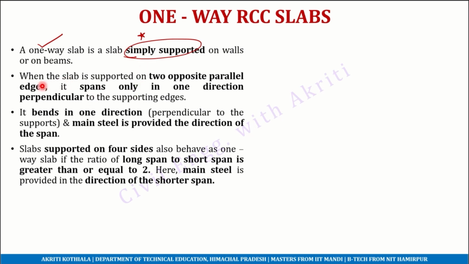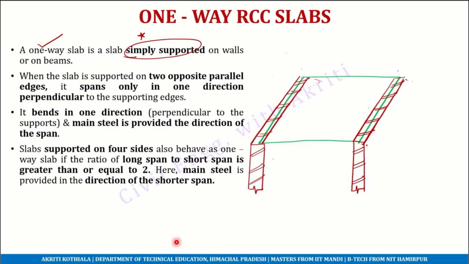Then the next thing is when the slab is supported on two opposite parallel edges. For example, if this is the slab, the green one, and these are, let's say, wall supports which are present here. So when the slab is supported on two opposite parallel edges, these are the two opposite parallel edges on which the slab is being supported, it spans only in one direction.